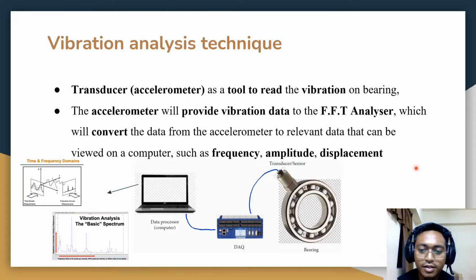The equipment used is a transducer as the vibration reader. More precisely, we use an accelerometer as a tool to read the vibration on the bearing. Then the accelerometer will provide vibration data to the FFT analyzer, and the data will be stored in the DAQ.